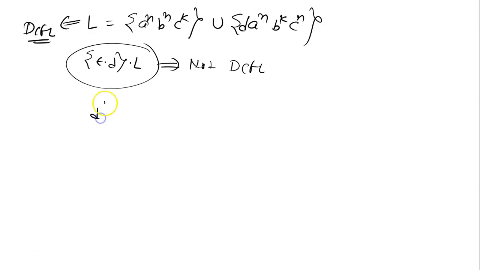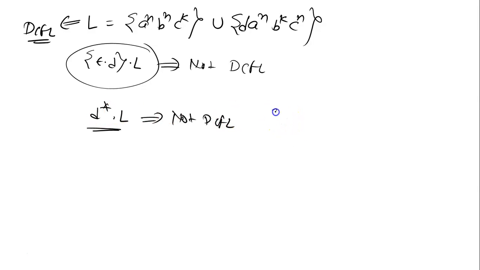Now consider this language D star dot L. Is this DCFL or not? Think about it. You can pause the video and try to think about it. You will see that this is also not DCFL. Same reason. Why?